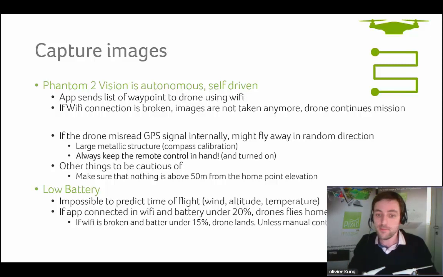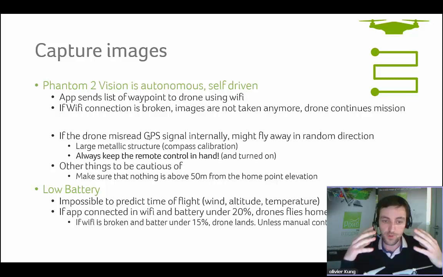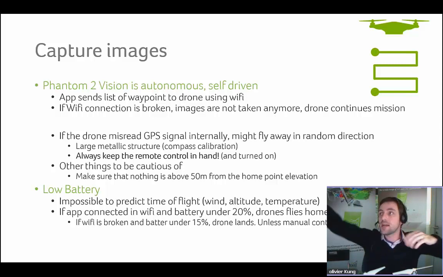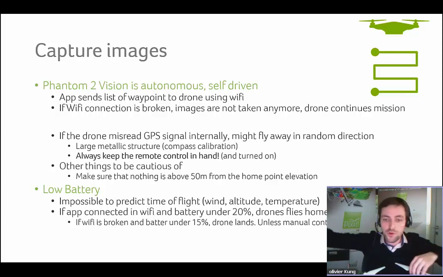Now, it may happen that the drone has some internal interference, and it misreads the internal GPS signal. And then instead of believing that it's nicely in the middle of the field, it starts getting a bit crazy, and it thinks that it's actually, I don't know, somewhere in the middle of the US or in Australia.